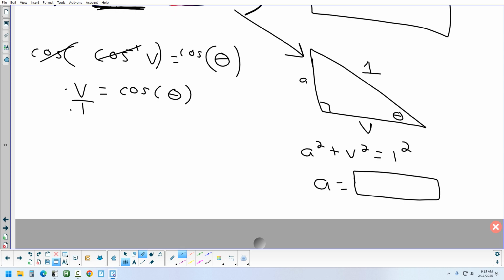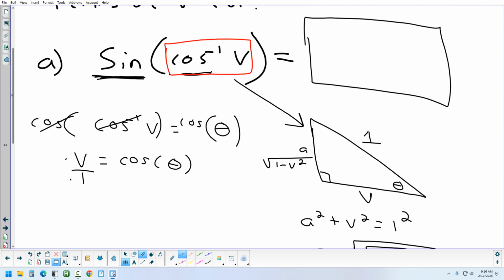So 1 squared minus v squared would be something, but it's not A. Yeah? The square root of 1 squared minus v squared. Right. We got to take the square root of that. What you had said was a squared. Okay, so we want a, which is the square root of 1 minus v squared. Okay, so now we can label this side square root of 1 minus v squared. We have all three sides labeled, so now we can find any trig function they want.